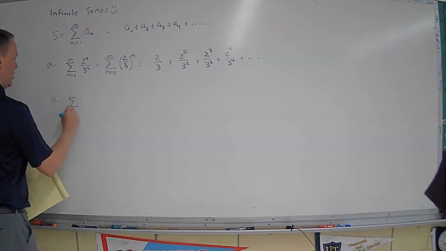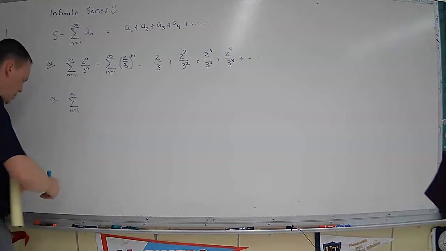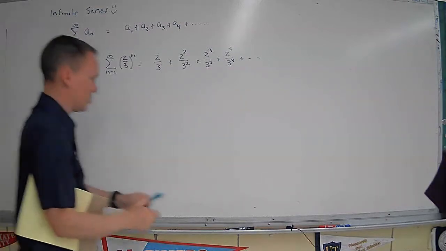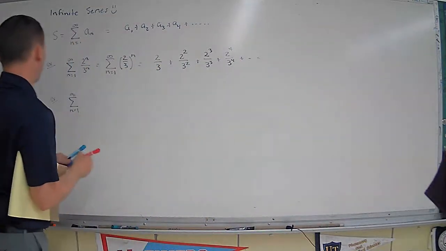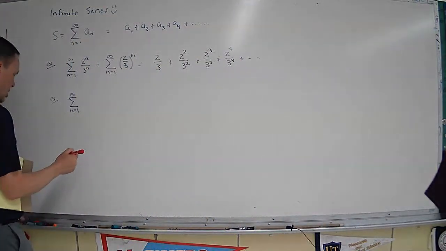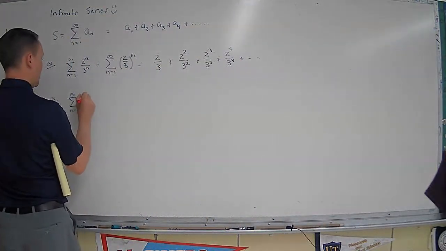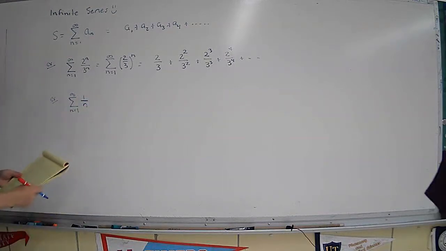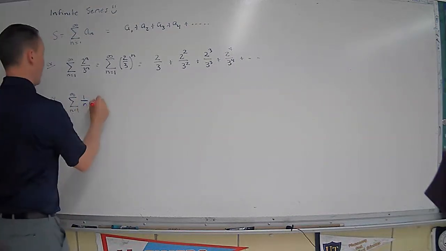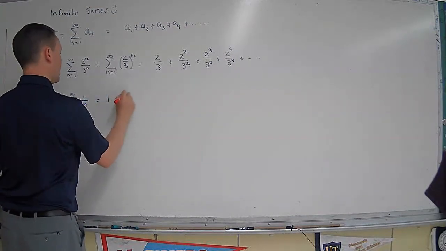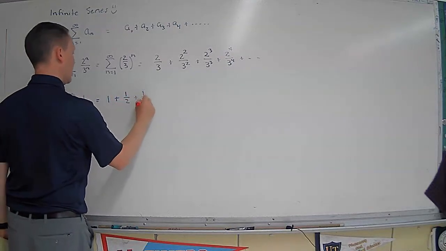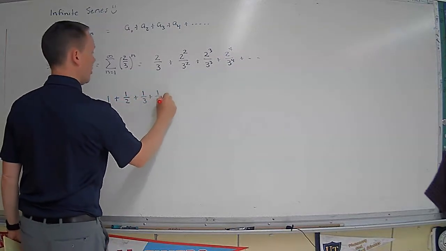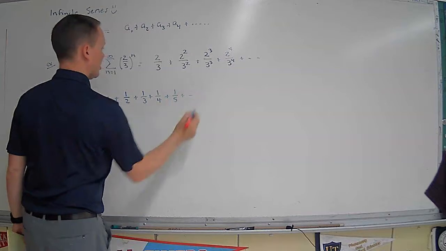Another one. I think this is the one I showed you the other day. I'm going to grab another marker here. This one seems to be not giving me much love. So this is 1 over n. So that's 1 plus 1/2 plus 1/3 plus 1/4, and so forth.